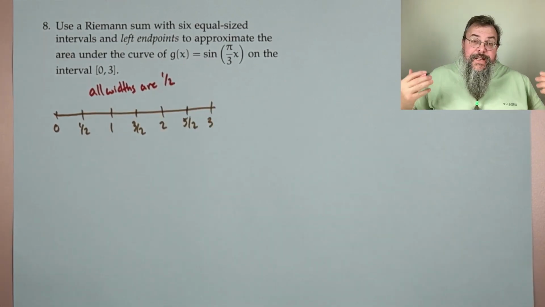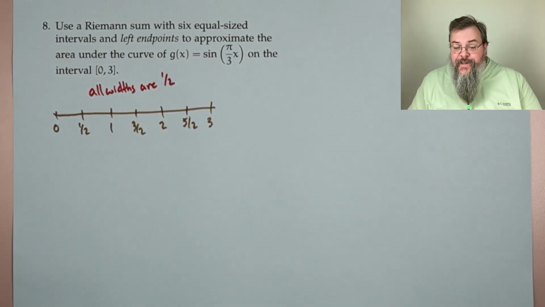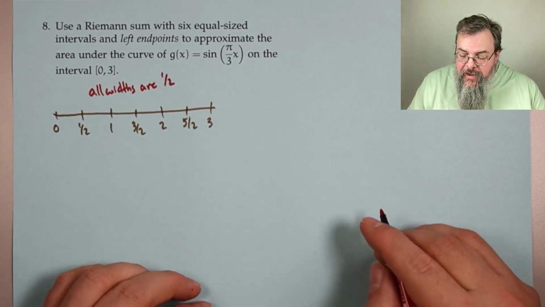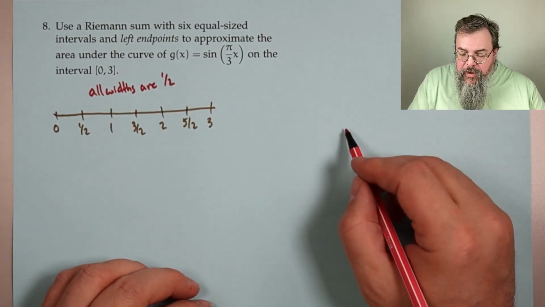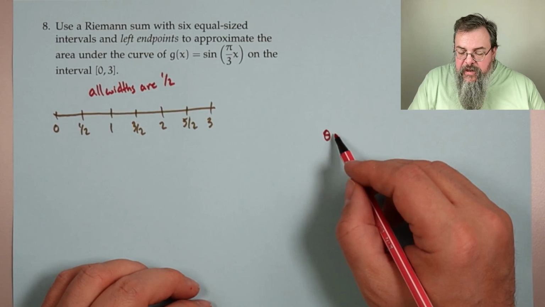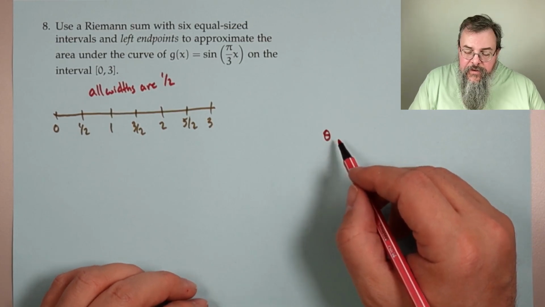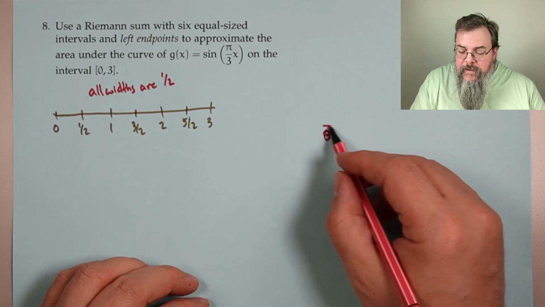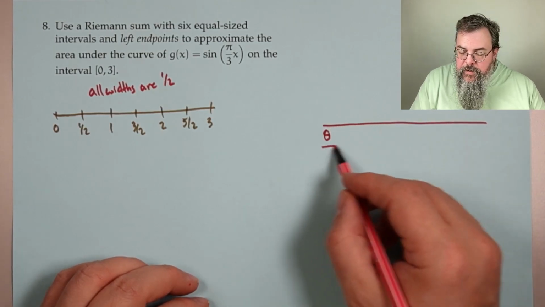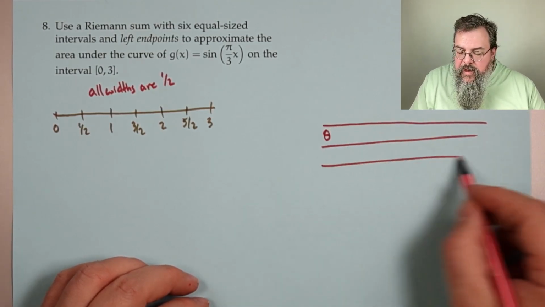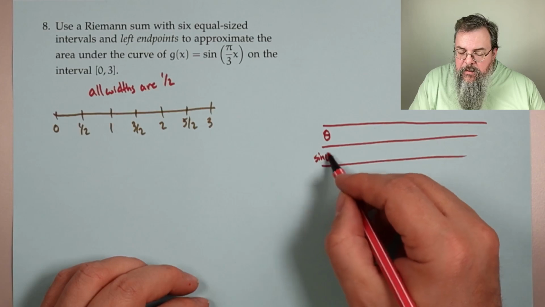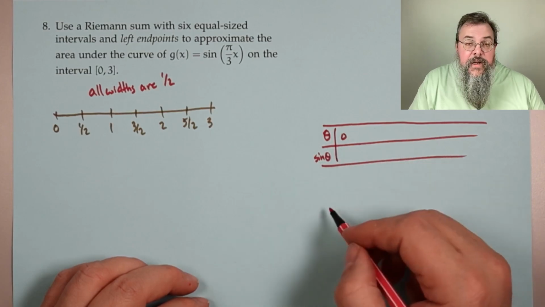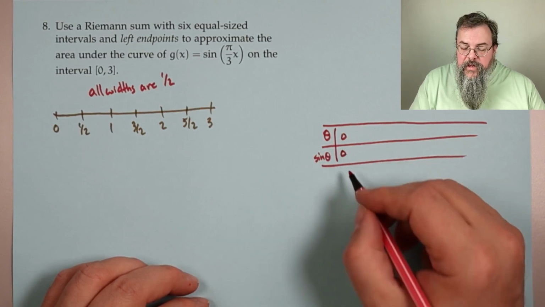Now, the other thing that might be helpful for us is let's talk about the sine function. In particular, we're going to mark some values for theta here. What values for theta do we know? Well, we can start with some very simple angles. We know 0: sine of 0 is 0.